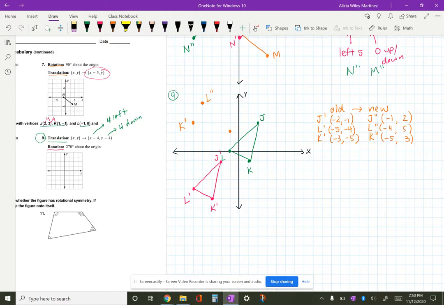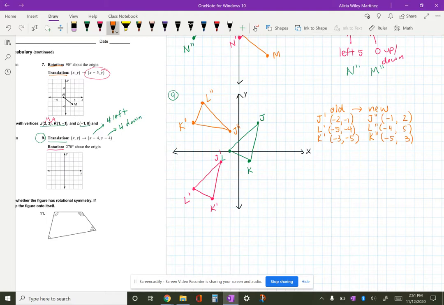Remember that all of these transformations that we are doing are rigid motions, which means that their shape should be congruent. Even if we do a combo like we just did, your shape should be congruent. So the orange shape here is my final shape.